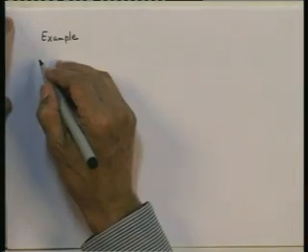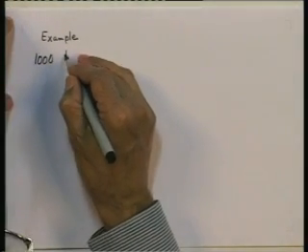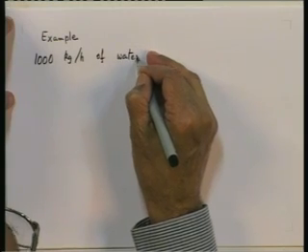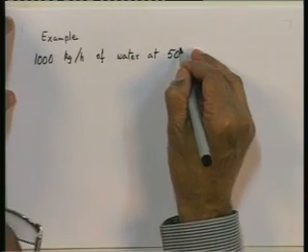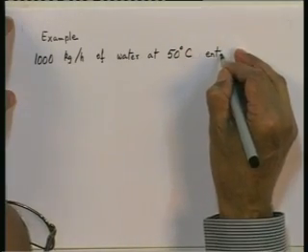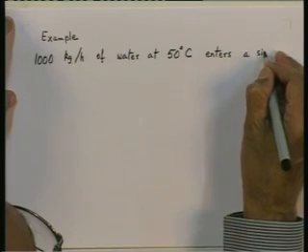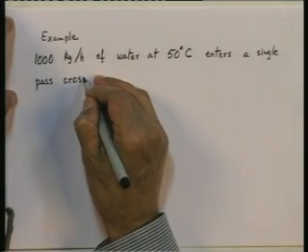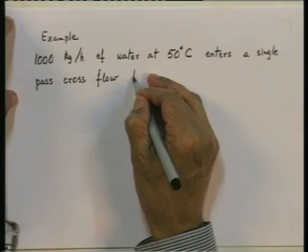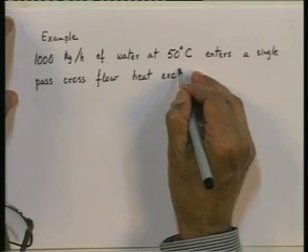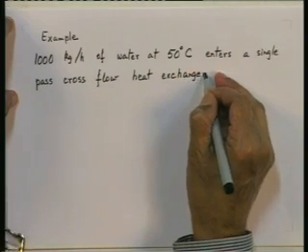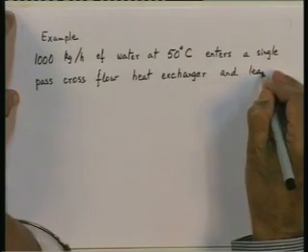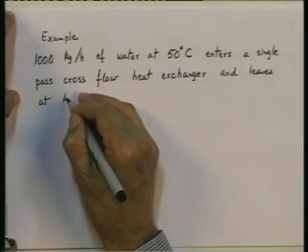We say 1000 kilograms per hour of water at 50 degrees centigrade enters a single pass cross flow heat exchanger and leaves at 40 degrees centigrade.